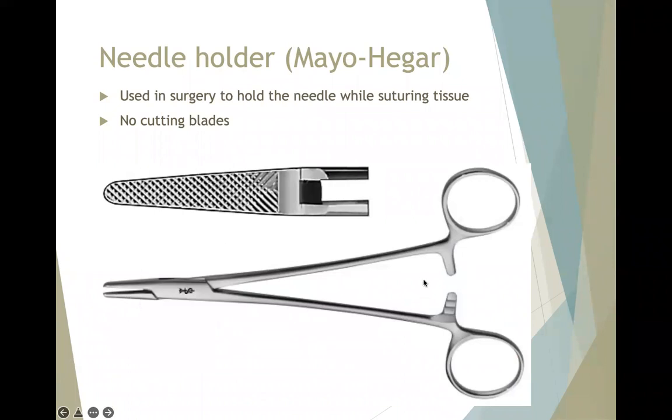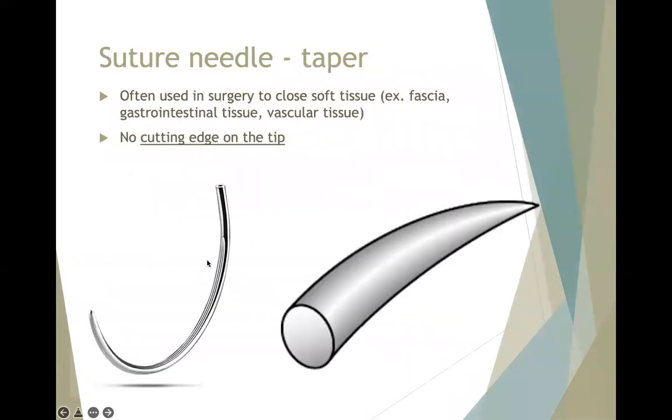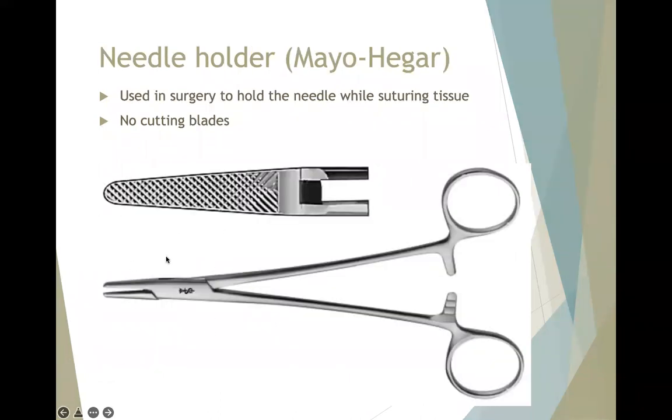When we clamp them shut, that is what's going to hold the suture needle. Having these serrations that go down that needle, it's going to make it so much easier for it to lock and hold into place. So you'll see a lot of suture needles that have those little bumps, little serrations. And again, its only purpose is to help with the grip for these needle holders.